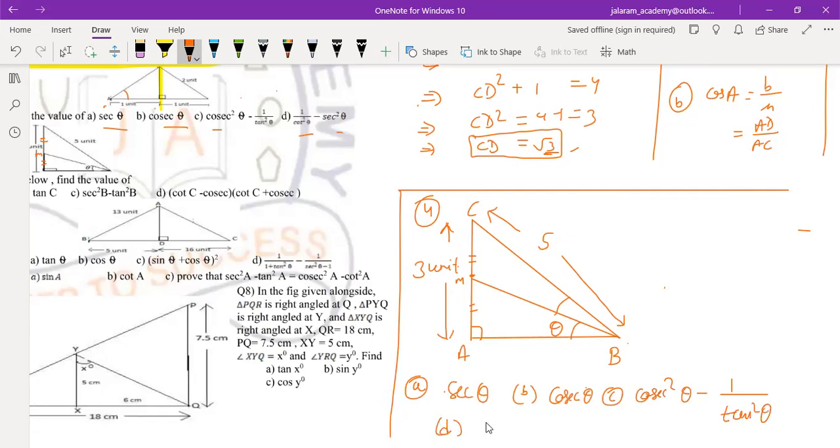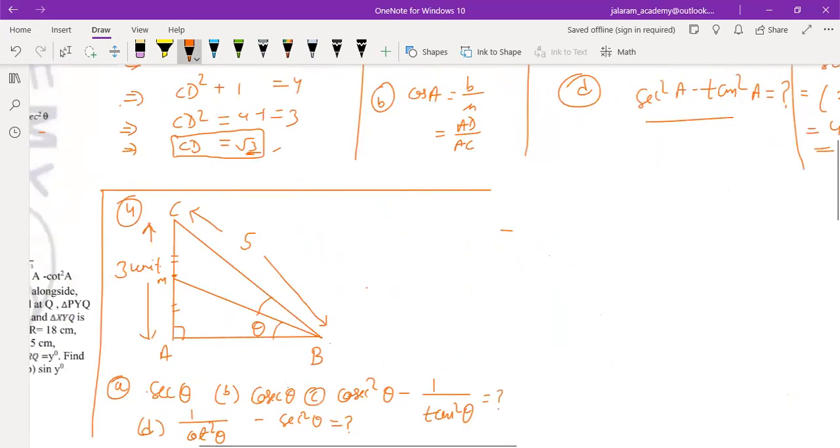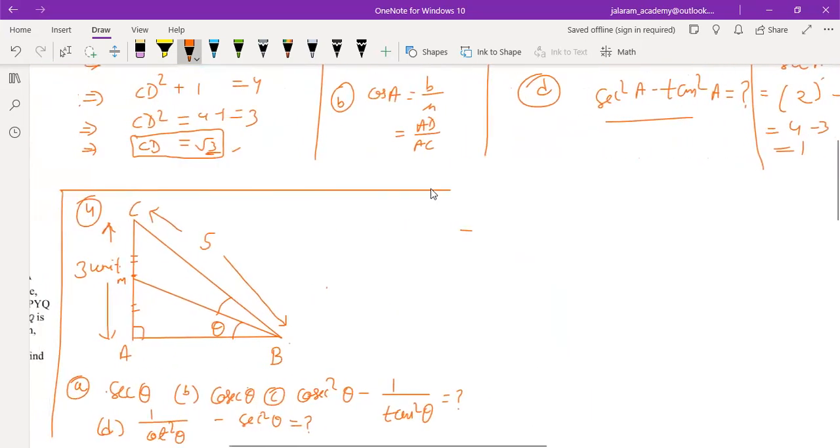And D, 1 by cot square theta minus sec square theta. Using the information given in the question, we have to find these four things.